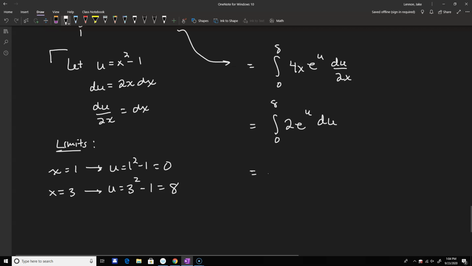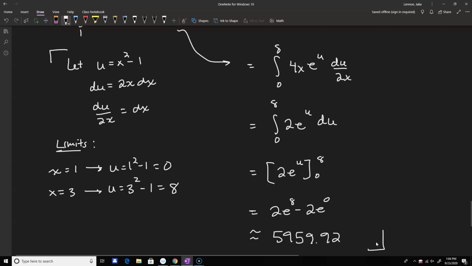So this becomes 2e to the u from 0 to 8. So this is going to be 2e to the 8th minus 2e to the 0. And this comes out, I'll round this one to 5,959.92. So that's rounded to 2 decimal places.